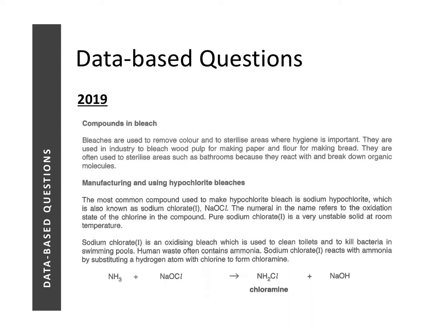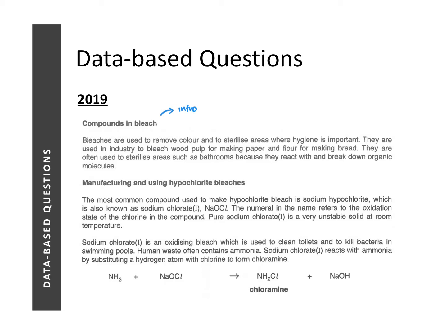Okay, so if we look at the first paragraph, it seems to be talking about some introduction about bleaches. There are not many important concepts in there. It's just an introduction to bleaches. The second paragraph, however, has some very key phrases and concepts.